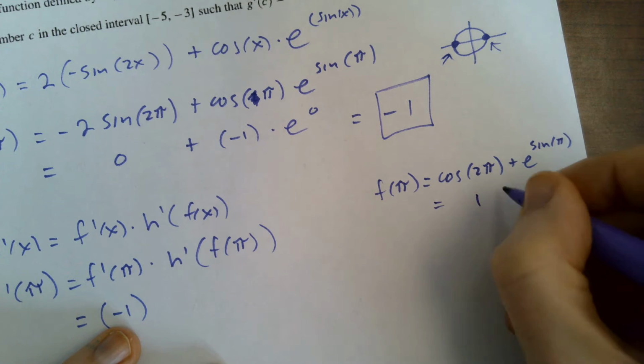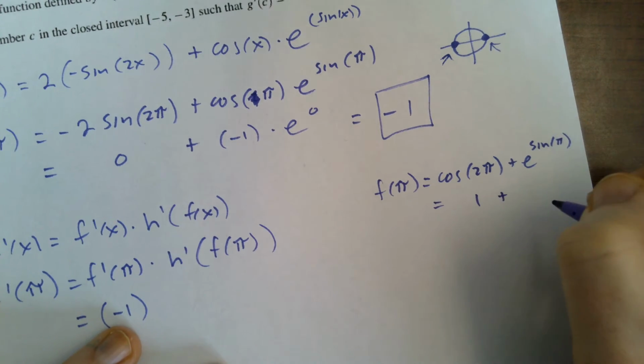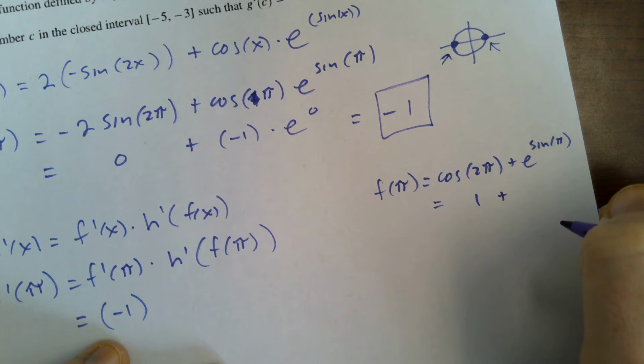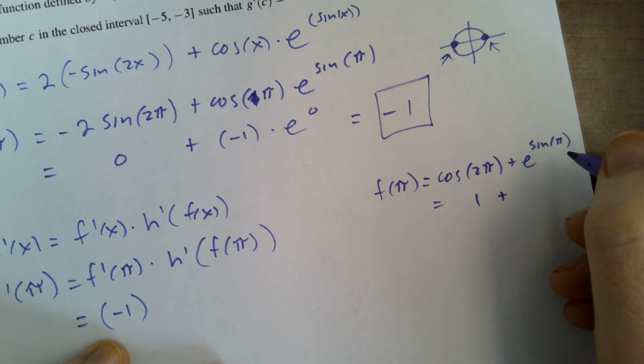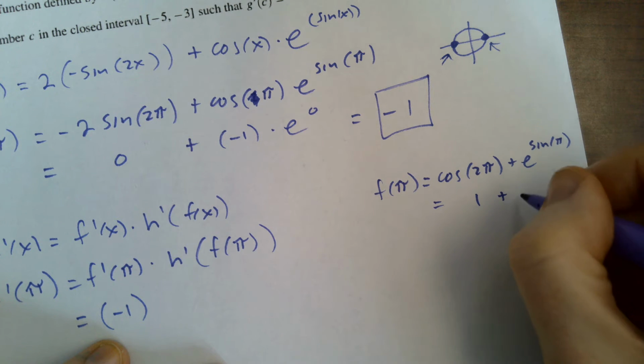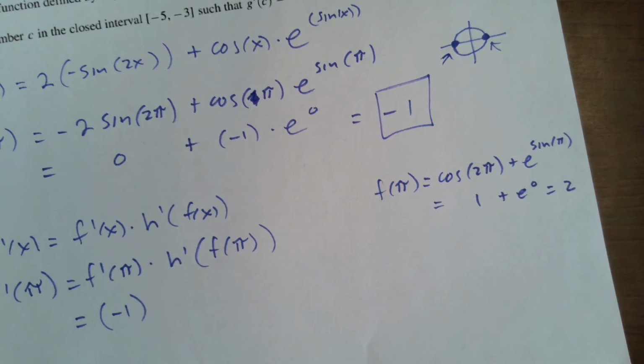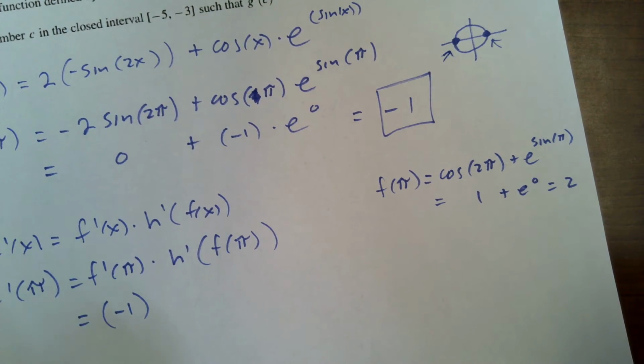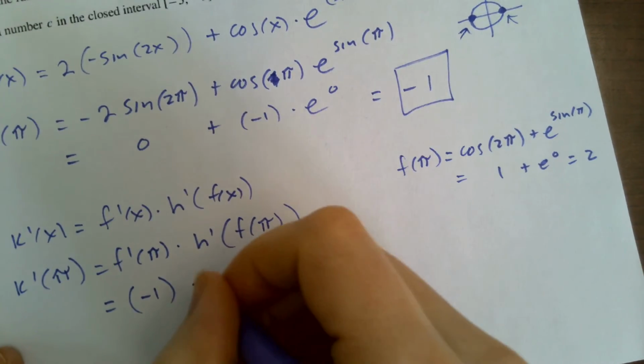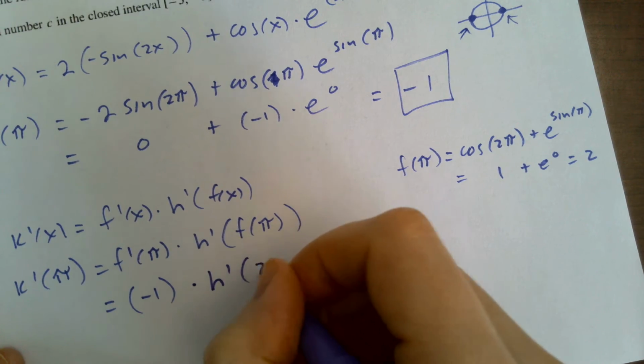Cosine of 2 pi is 1 plus e to the sine of pi is e to the 0, so that's 2. All right, then, so this is times h prime of 2.